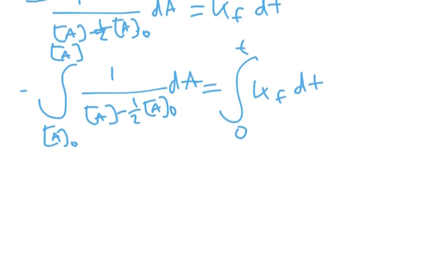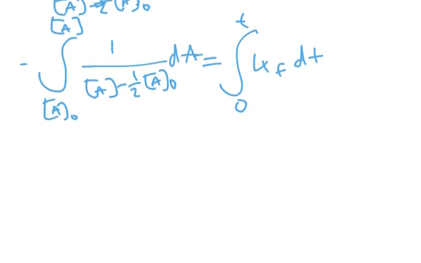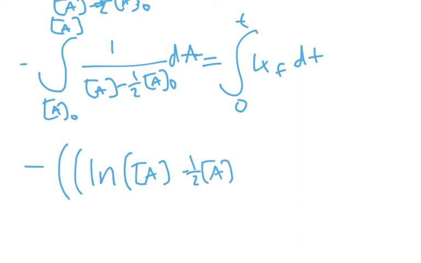Now we have to do some integration. So on the left-hand side, we can integrate it, and we get the negative of the natural log of A minus 1/2 A0.